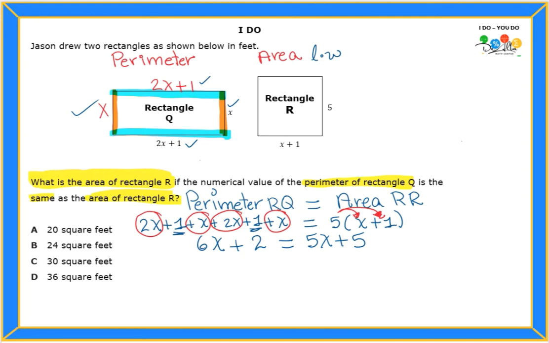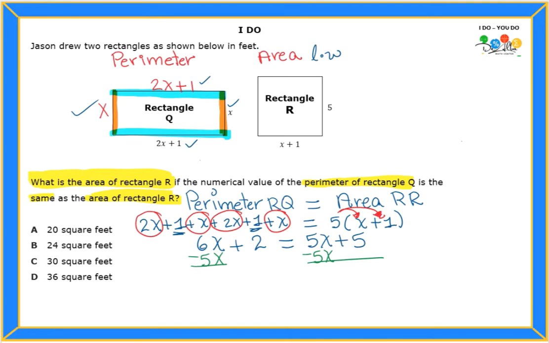Now, I see that I have variables on both sides, and there's my equal sign. I need to make sure that I get rid of one of the variables from one side. It's up to you, whichever one you want, but I'm going to get rid of the smallest one, which is 5x. So I'm going to subtract 5x on both sides, because remember, whatever you do on one side, do it to the other one.